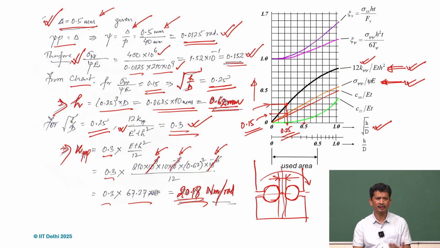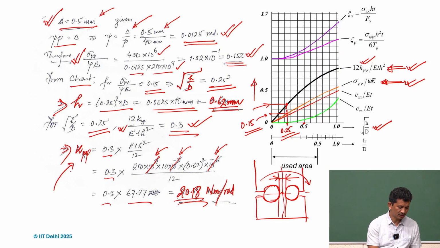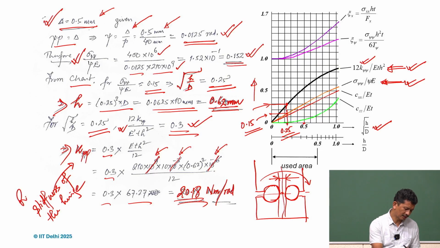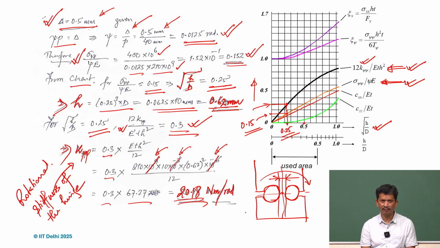So even if the units are not given in SI units, it's always better to convert into SI units and then use accordingly. So this is the stiffness of the hinge, particularly rotational, and that's why the unit will be moment, Newton meter, divided by the angular deflection, that is in radian.